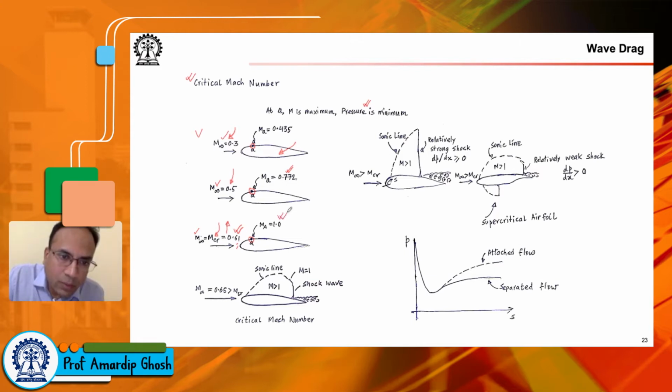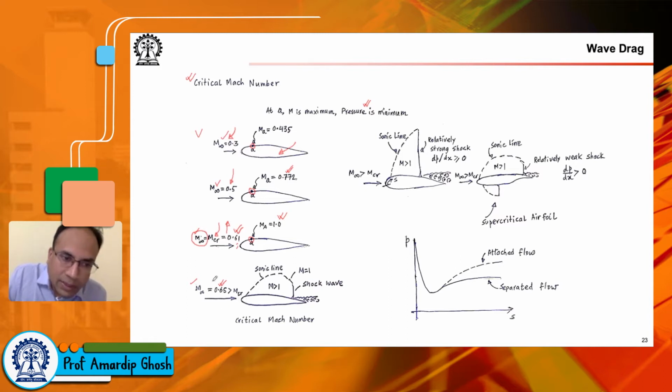reaches 1.0. So what happens is this: the Mach number at which the Mach number at a point on the airfoil surface reaches Mach 1 for the first time. Because you see in this condition, when you cross 0.61, here your vehicle is flying at 0.65 Mach.